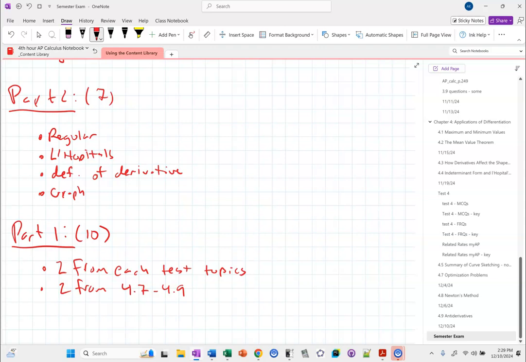So again, from the first test, things that you should know: your limit stuff, continuity. You should know the limit definition of an asymptote, whether it's vertical or horizontal. From test 2, product rule, chain rule, continuity or differentiability, specifically for piecewise functions, because those two things are linked together. What can you say about a function that's differentiable for free?